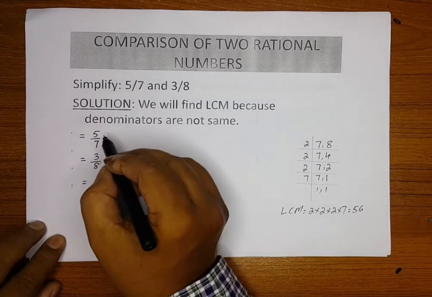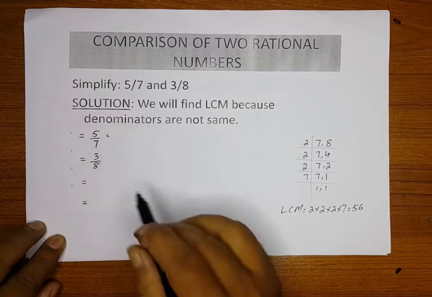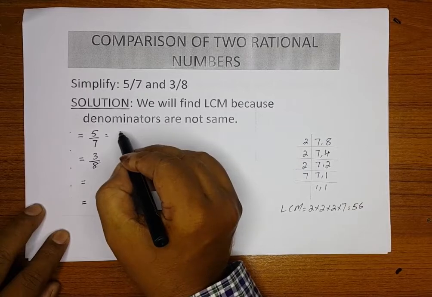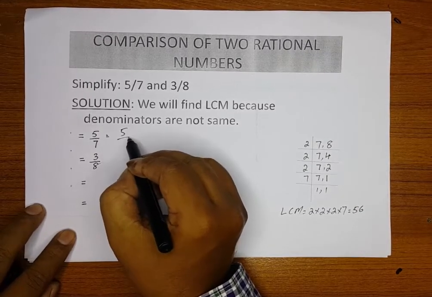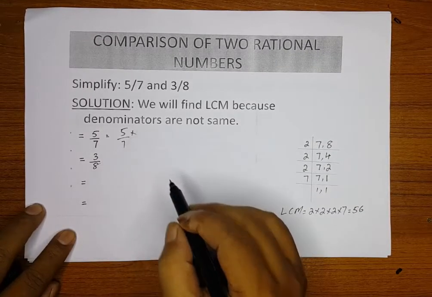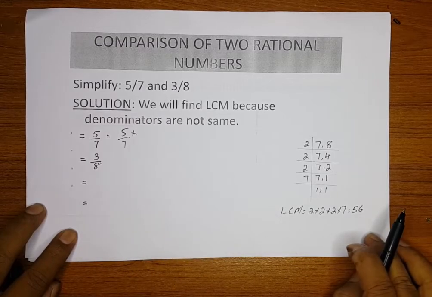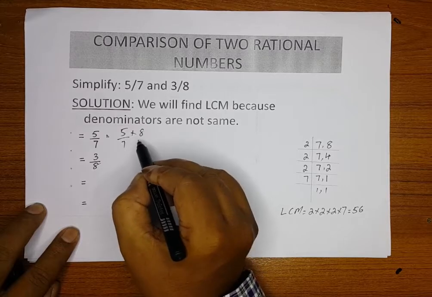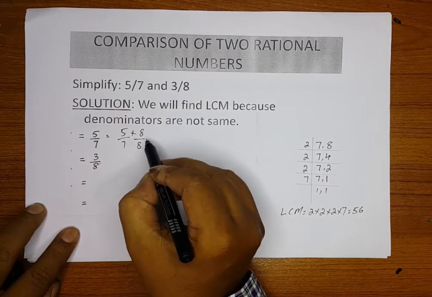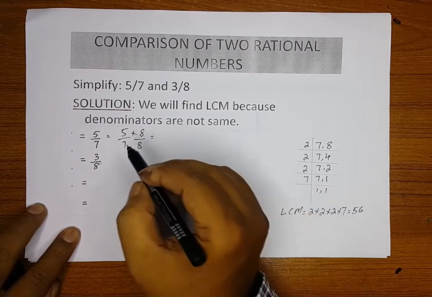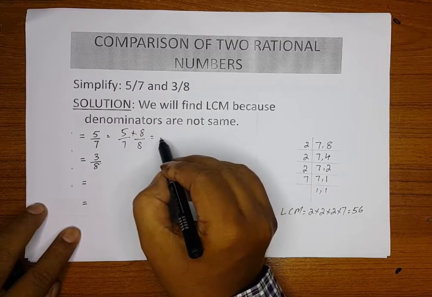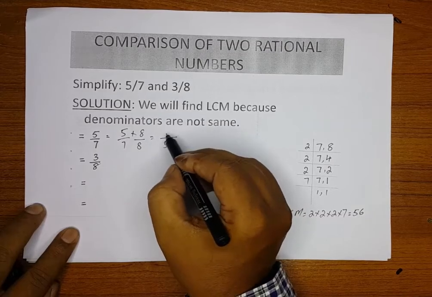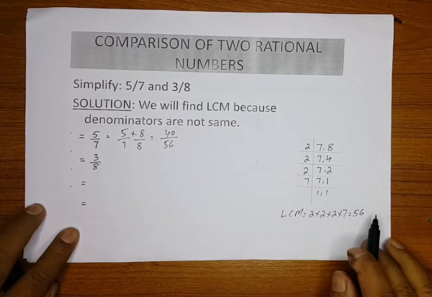Now students, we will make our denominator 56. First is 5 upon 7, and we want 56. If we multiply by 8 up and down, then 7 eights are 56 and 5 eights are 40.